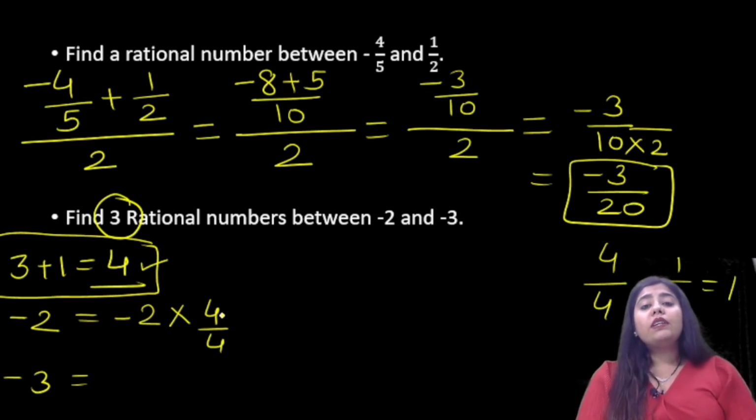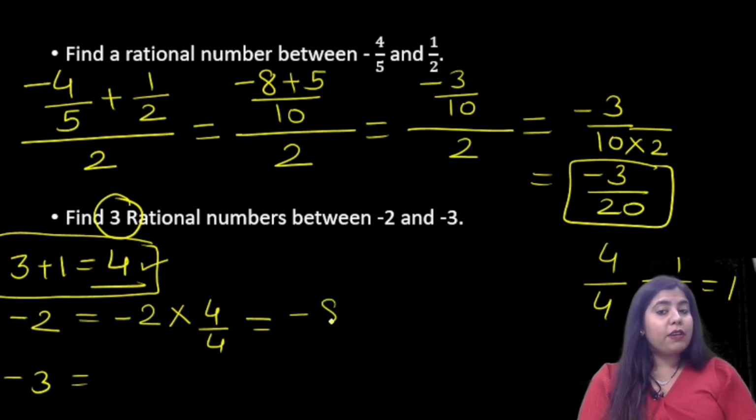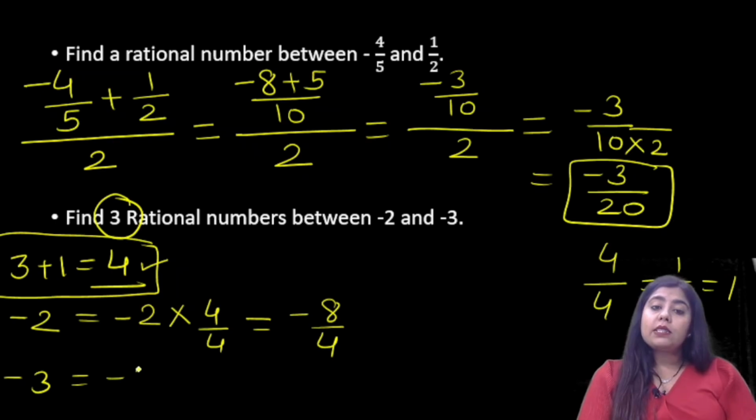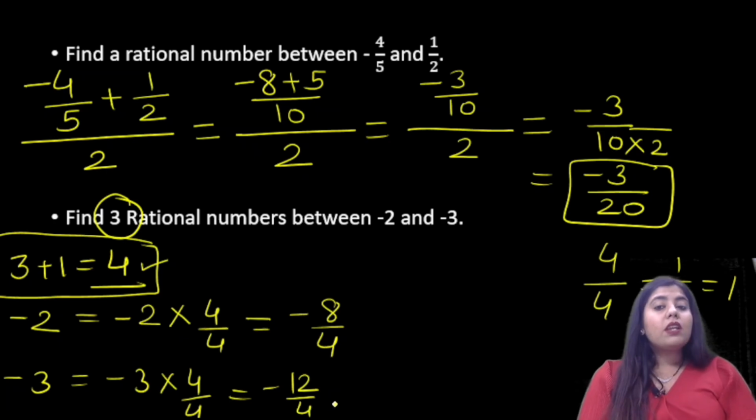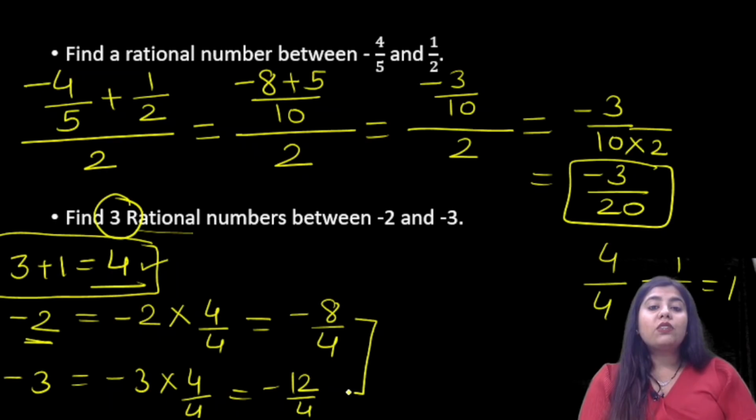Now here when we multiply -2 by 4 by 4, we will get -8 by 4, right? Similarly when we multiply -3 by 4 by 4, we will get -12 by 4. Now see, we have to find the three rational numbers now. Here we can write -2 as -8 by 4 and -3 as -12 by 4, and we have to find the three rational numbers between -8 by 4 and -12 by 4.